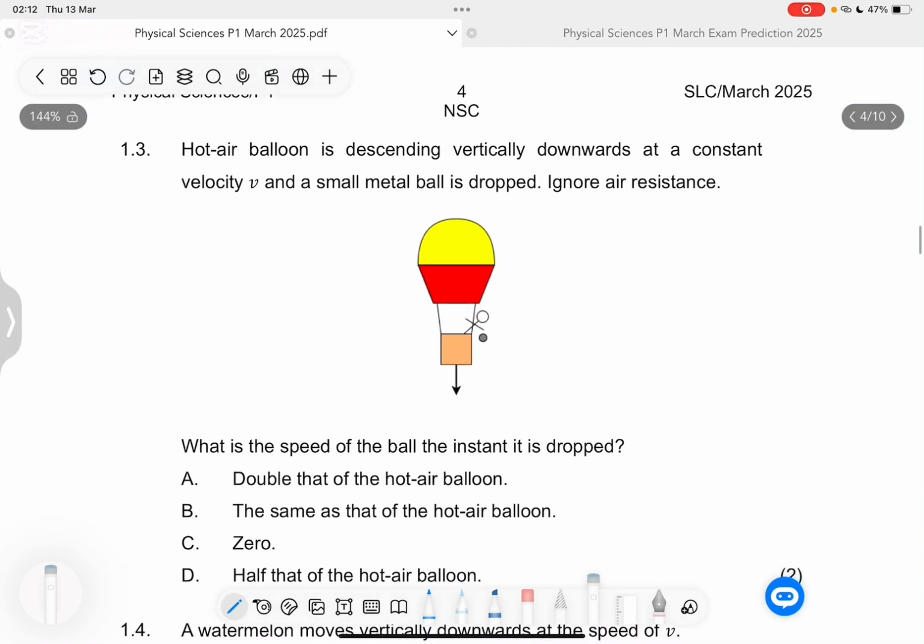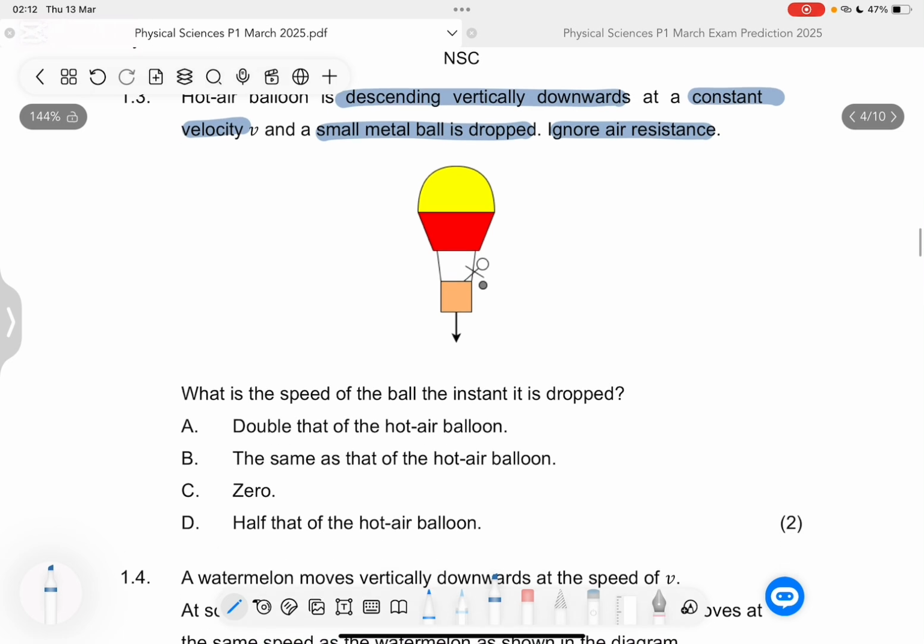When we go to question 1.3, we are told that a hot air balloon is descending vertically downwards at a constant velocity and a small metal ball is dropped. Ignore air resistance, very important statement. So if you look at this situation, we have a hot air balloon that is descending.